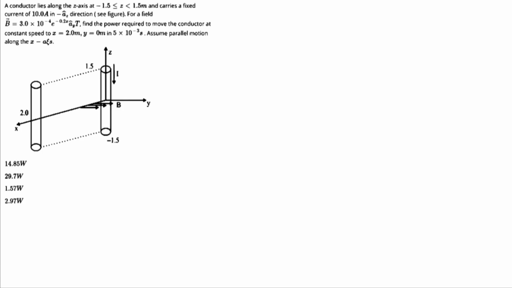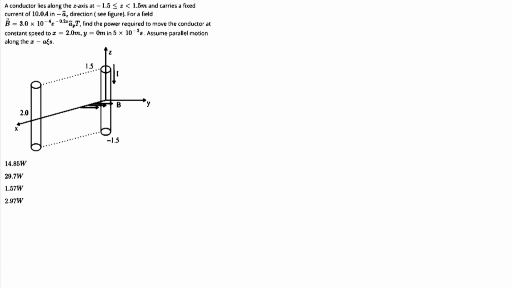For a field B equal to 3 into 10 to the power minus 4 e to the power minus 0.2x in the positive y direction, the unit is Tesla. So we can see this is the magnetic field which is moving towards the positive y axis.